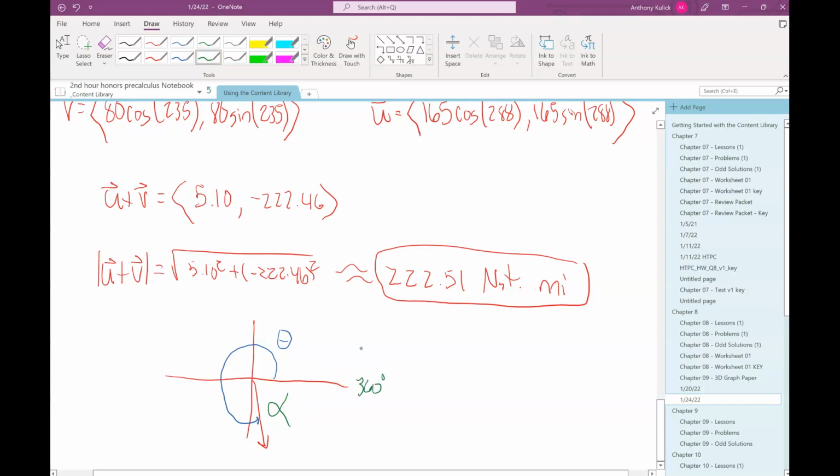The other arm of alpha is made by 360. So theta is 360 minus alpha, where alpha is the tan inverse of 222.46, negative, divided by 510, absolute value of that.